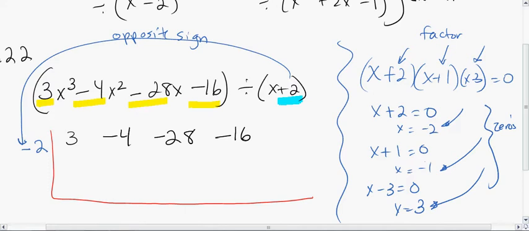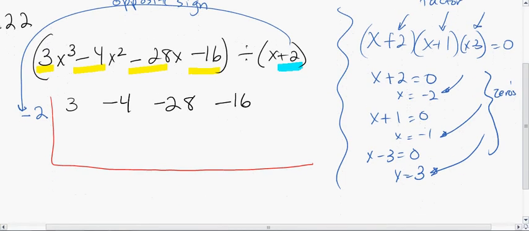Just make yourself a little note that you're going to write the opposite sign. And probably after you've done a couple of these, it's going to make a little bit more sense why it is the opposite sign. So just kind of take it on faith for right now. We're going to write it as the opposite sign. So it'll be a -2 that we're dividing by, not a +2.